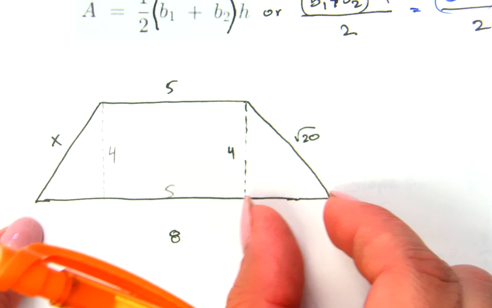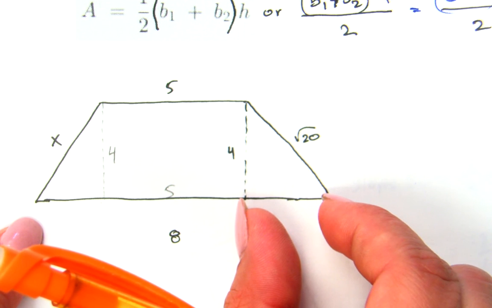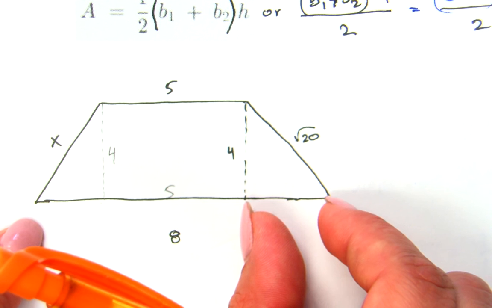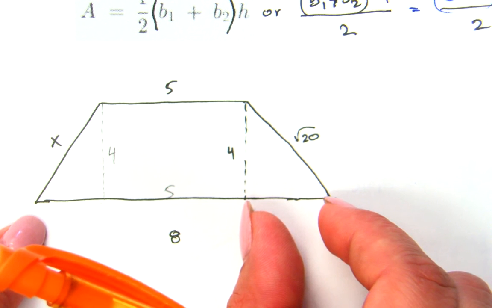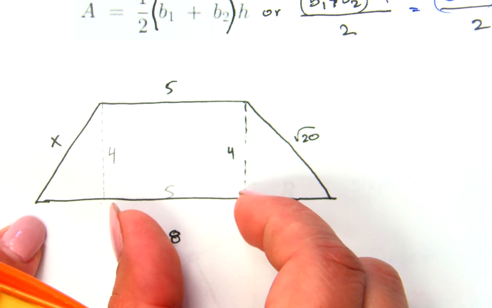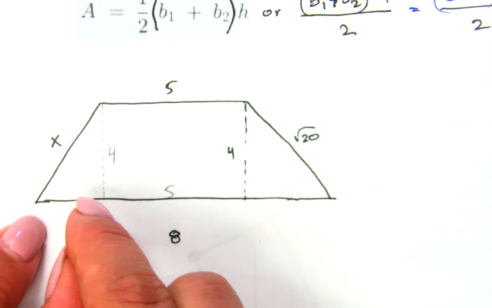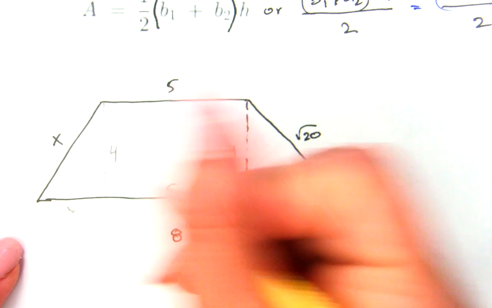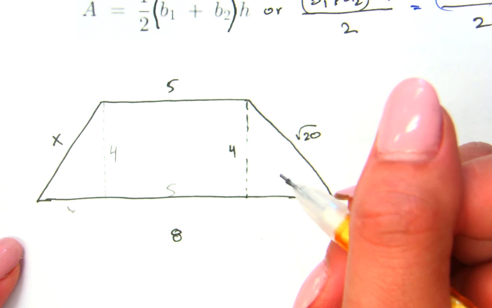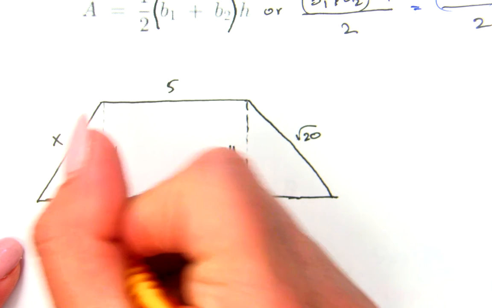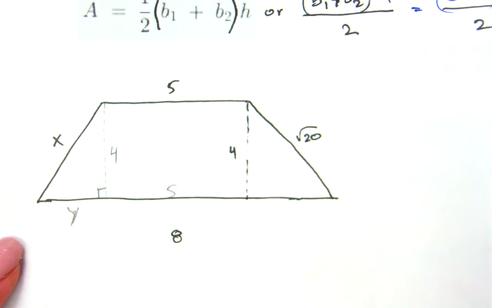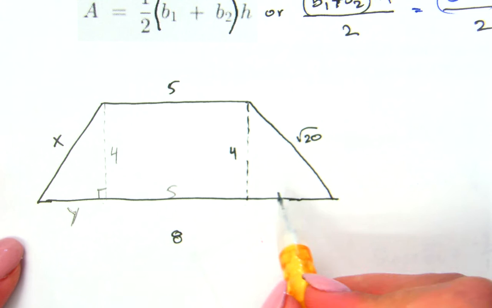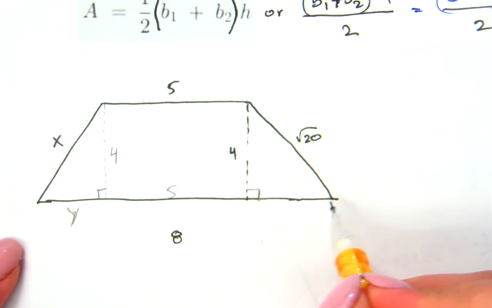So until I figure out what this piece is, and you can do that, it's a mathematical thing. You could figure out what this piece is, and then this is 5, and that should give you the remainder here. So I'm going to call this piece Y. Okay, and that's going to be another right triangle right here. This, I hope you see right here, is also a right triangle.